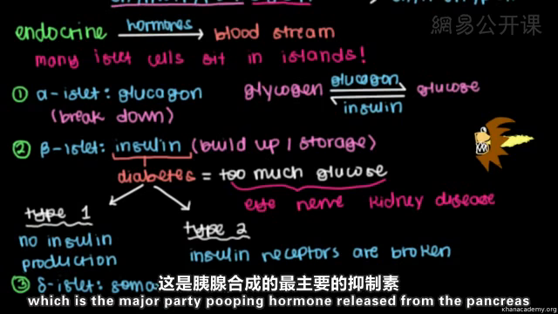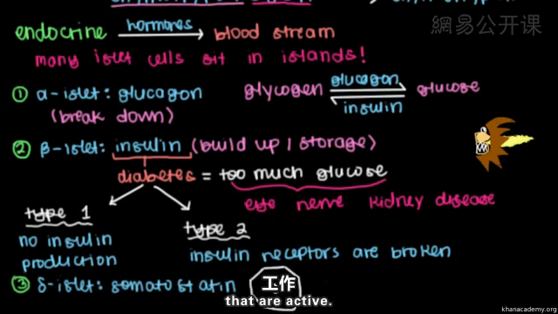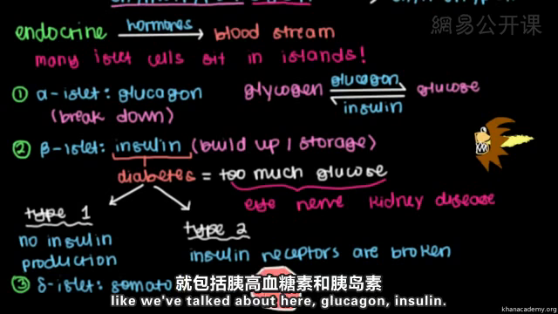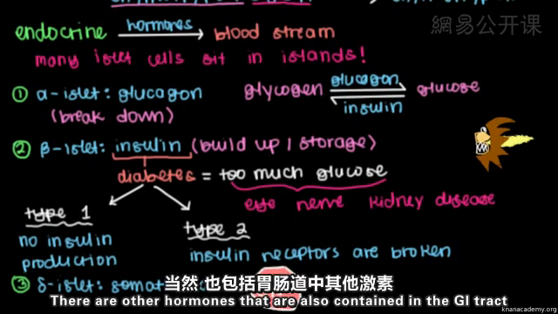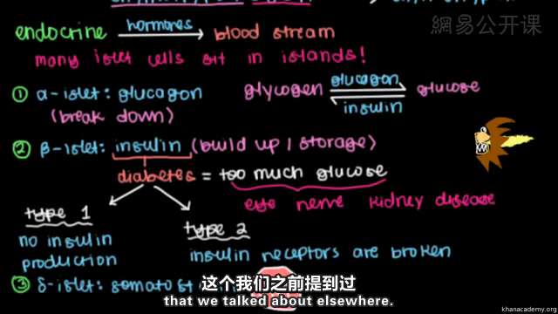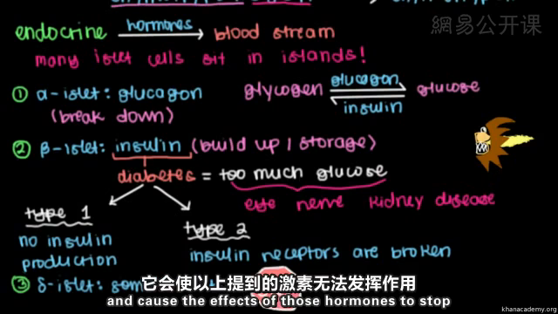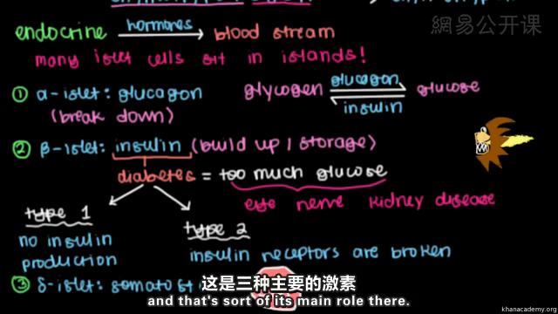Somatostatin is the major party-pooping hormone released from the endocrine pancreas, because its main job is to stop the jobs of all the other hormones that are active. These hormones can include things like glucagon and insulin, but there are other hormones also in play in the GI tract, like cholecystokinin, that we talk about elsewhere. And somatostatin will go in and cause the effects of those hormones to stop. That's sort of its main role there.